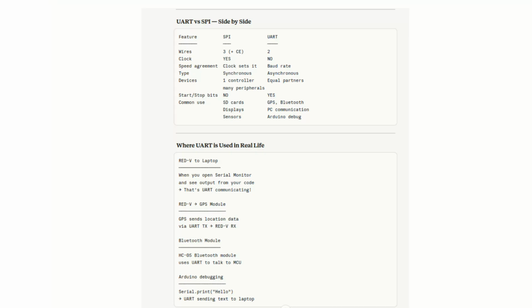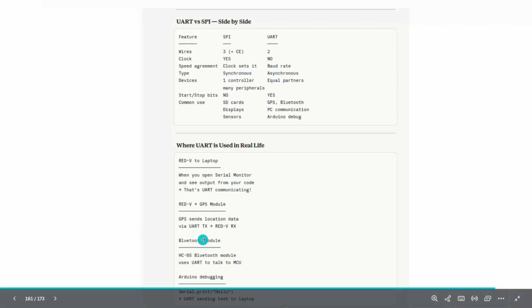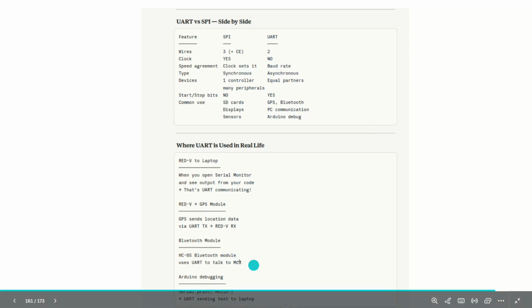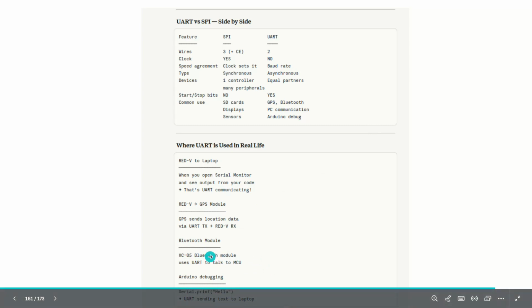So you have to know these real-world examples. GPS is UART to the receiver, Bluetooth is through UART and can be sent to our MCU, the microcontroller unit, and Arduino is to the laptop.